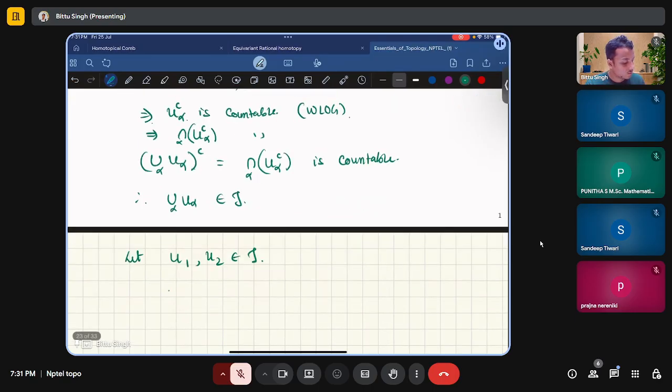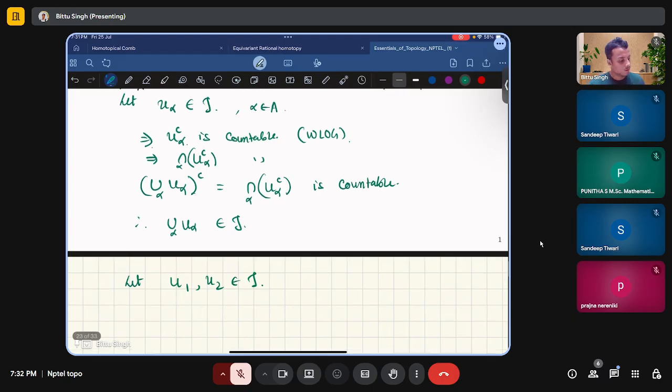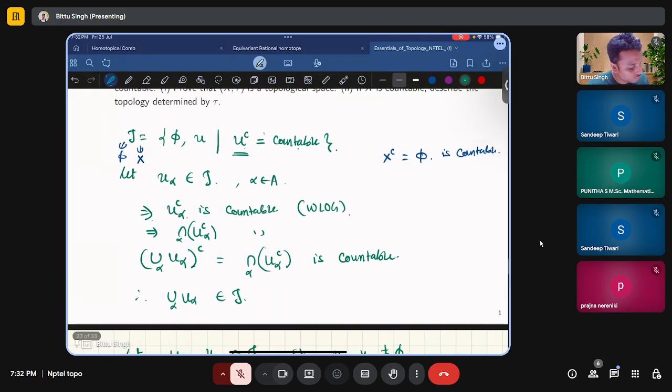Okay, then again we can assume that none of these are empty. Let u1 and u2 be non-empty sets.